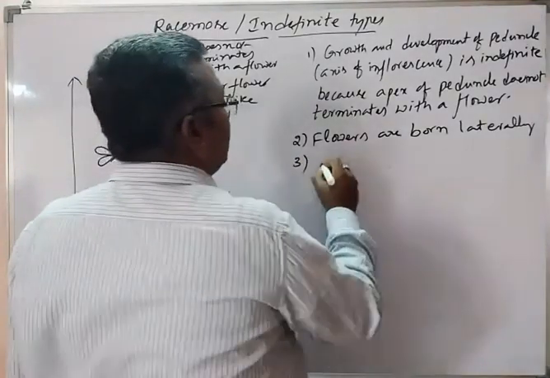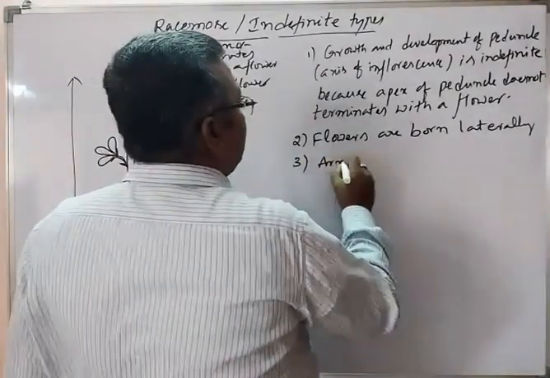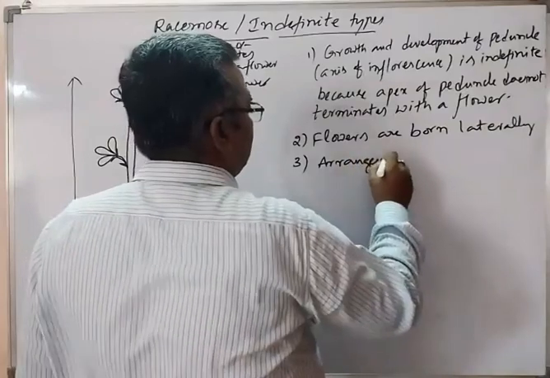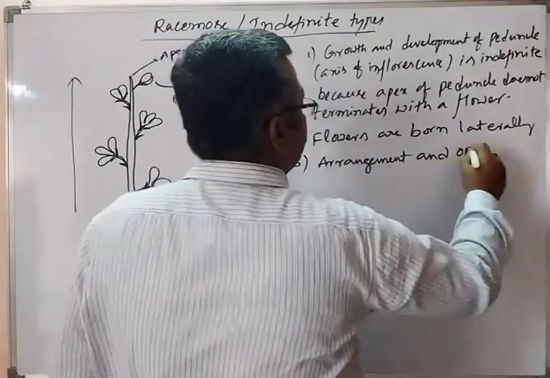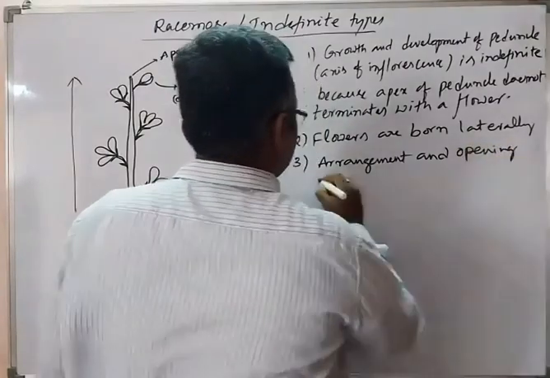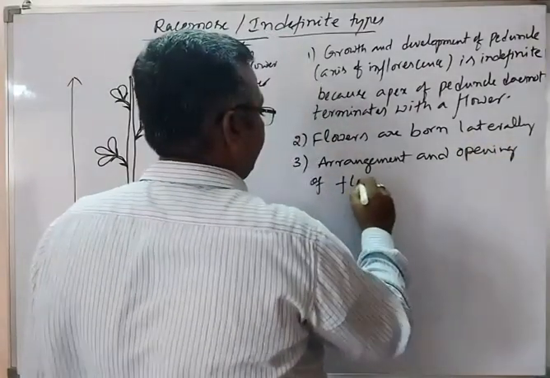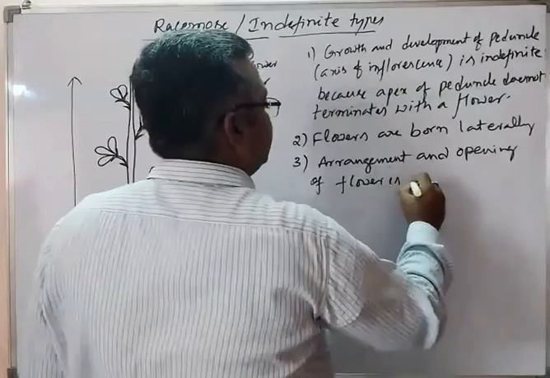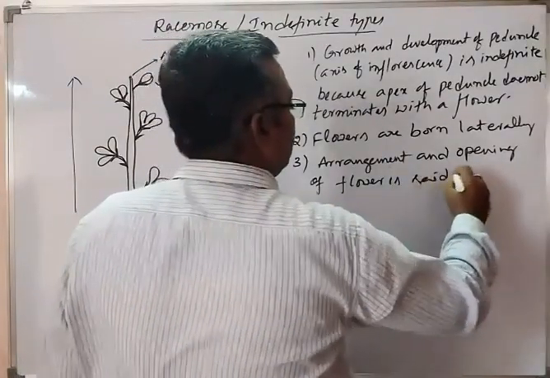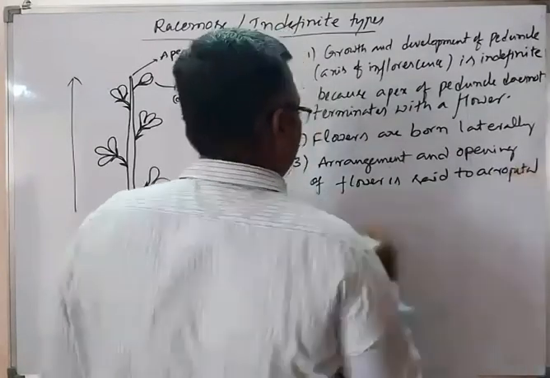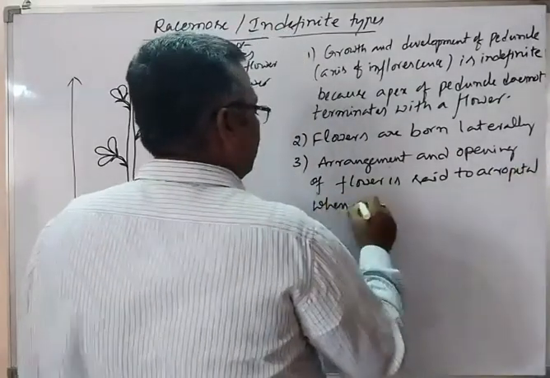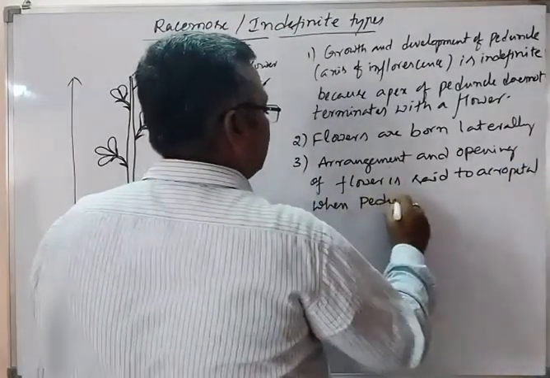Number 3, arrangement and opening of flowers is said to be acropetal when the peduncle is elongated.